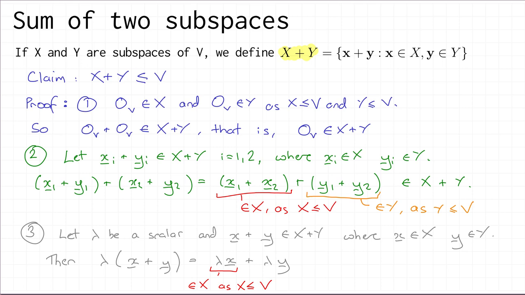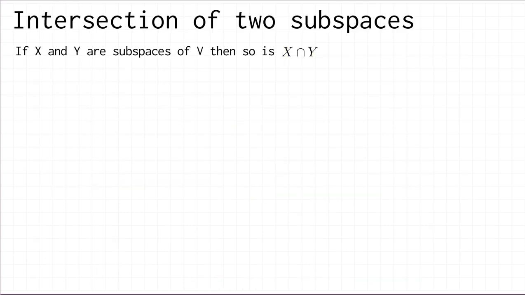And for the same reason, this thing here is in Y, as Y, being a subspace of V, has to be closed under scalar multiplication. So this is the sum of something in X and something in Y, so it is in X plus Y. We've shown that X plus Y satisfies all three conditions to be a subspace, so it is a subspace.